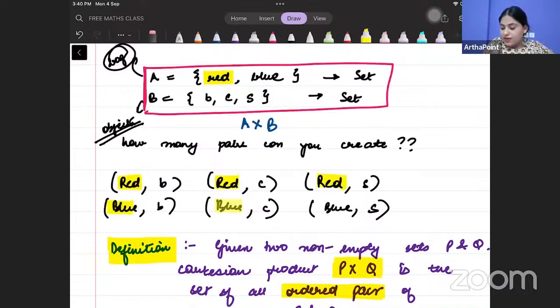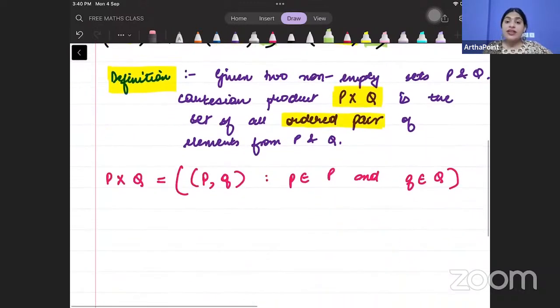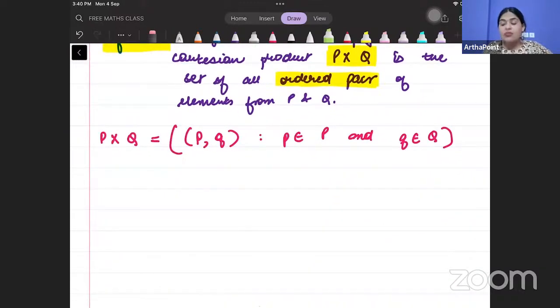I have written the element of A first and I have written the element of B later. So that means it is an ordered pair. I am writing them in a particular order. एक order में उनको लिख रहे हैं. So an ordered pair means you should first write the element of P and then you should write the element of Q. Clear हुआ? Okay. So now we want to write down some important remarks. तो लिखो please बेटा, remark number 1.